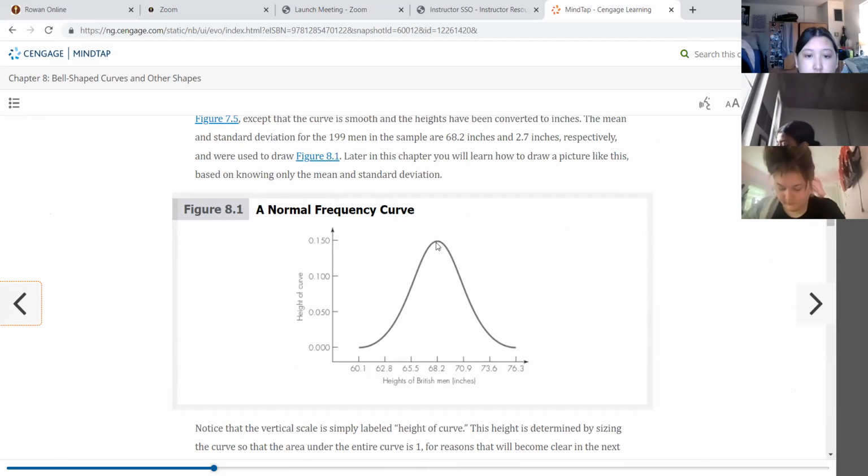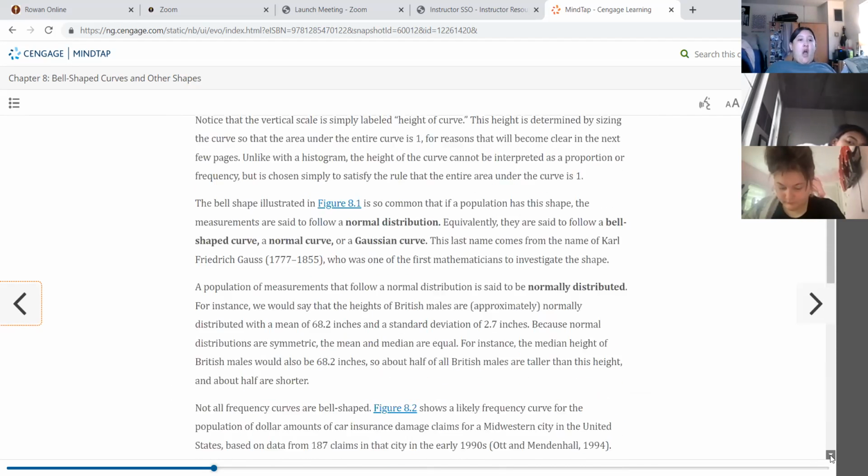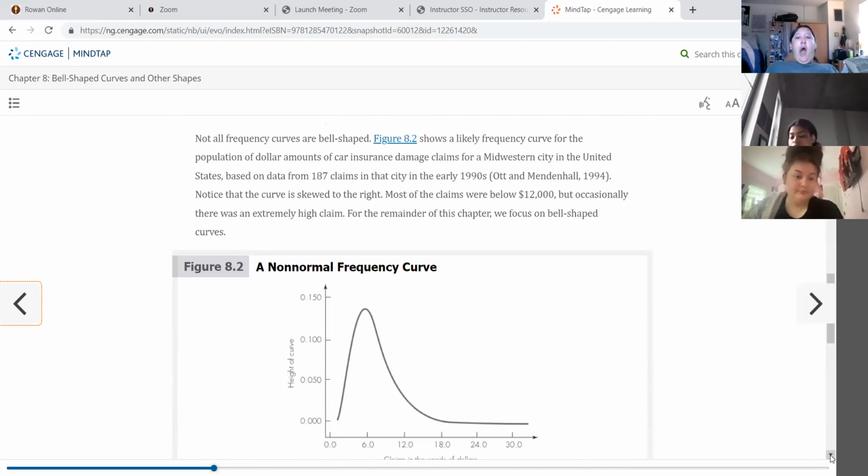Well, if you draw a vertical line down through the top of this curve down to the x-axis, 50% will be to the left, 50% to the right. That's the median, and with a bell-shaped curve, the average is typically equal to the median. So we could also say that 50% of the values are less than the mean.